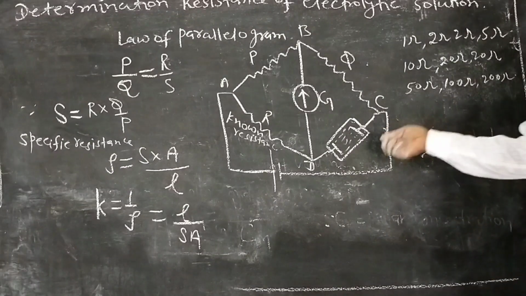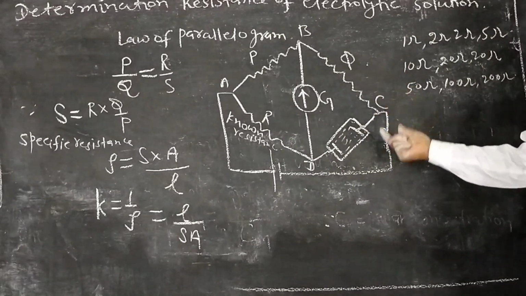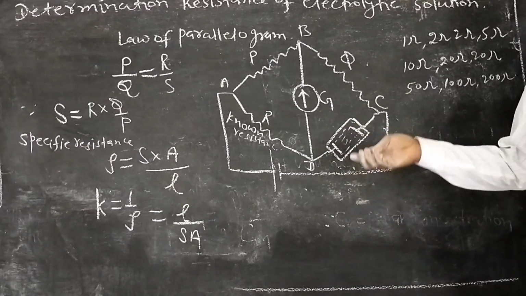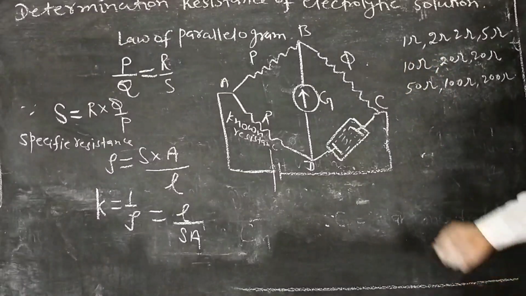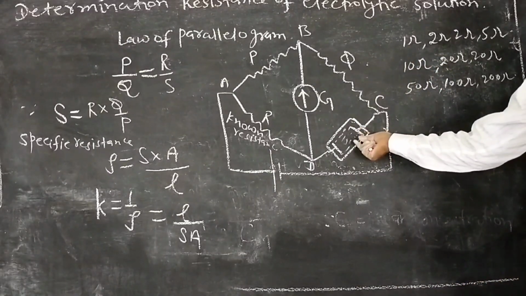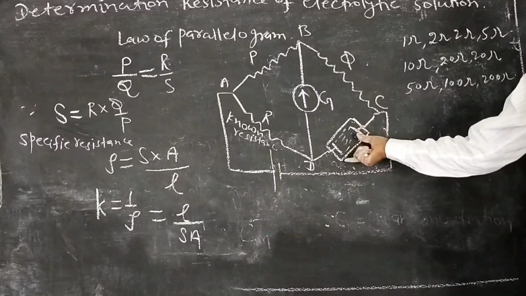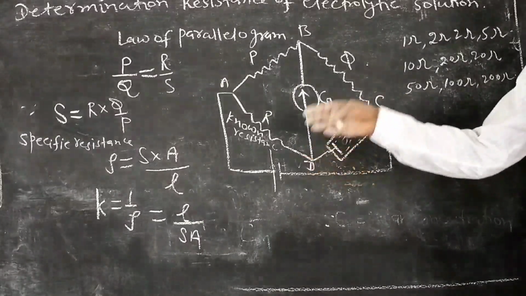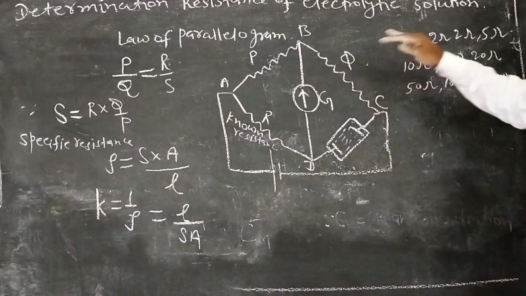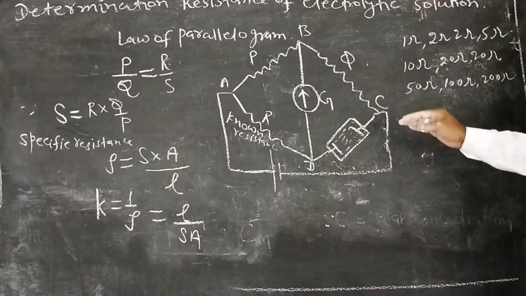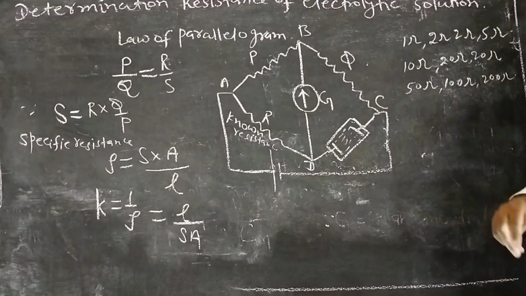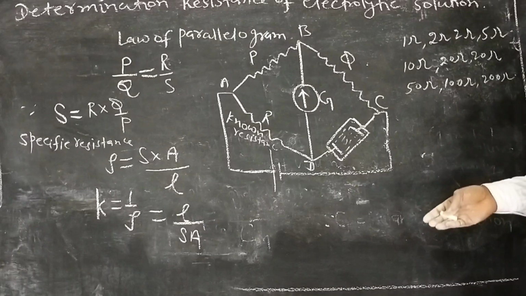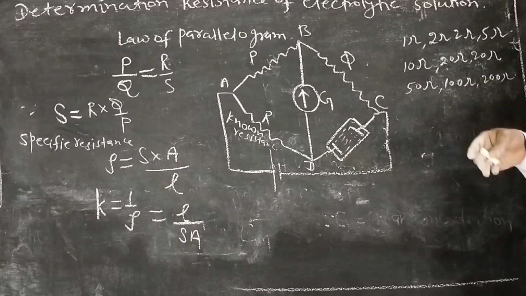If concentration is in terms of equivalent, then we will find equivalent conductivity. If concentration in this electrolytic cell is in terms of molarity, then at last we will find molar conductivity. So this is the manner for the determination of resistance, specific resistance, conductivity, molar conductivity, equivalent conductivity.